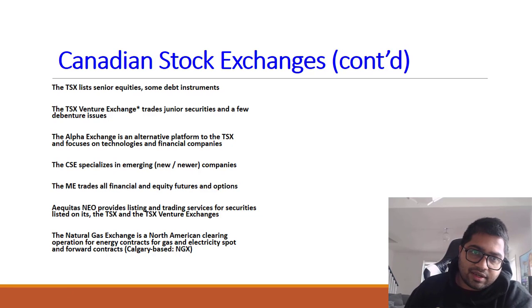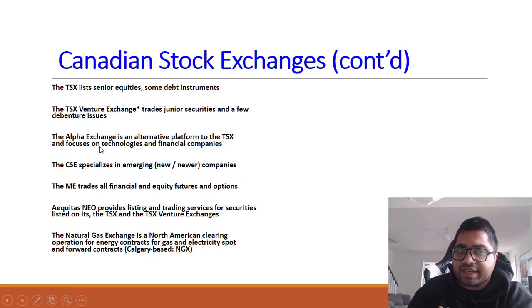TSX lists senior equities and some debt instruments. TSX Venture trades junior securities and a few debentures. The Alpha Exchange is an alternative platform to TSX and focuses on technology and financial companies. The CSE specializes in emerging newer companies. The ME trades all financial and equity futures and options.